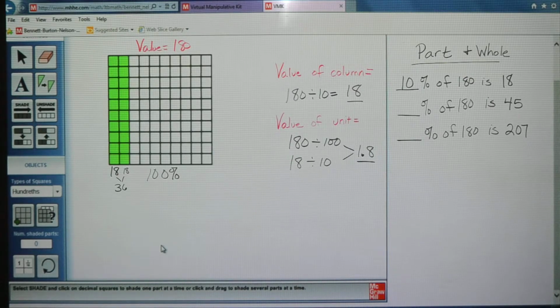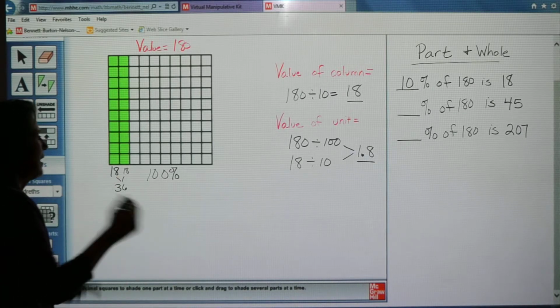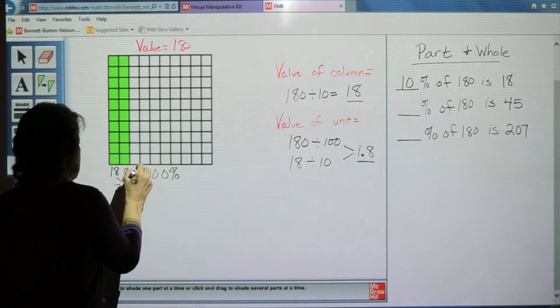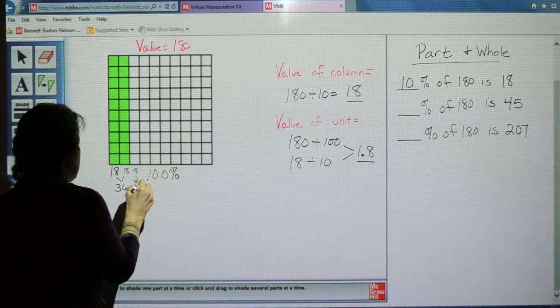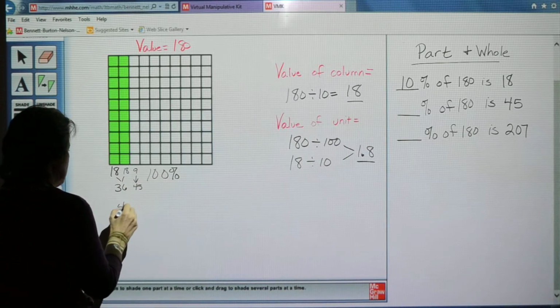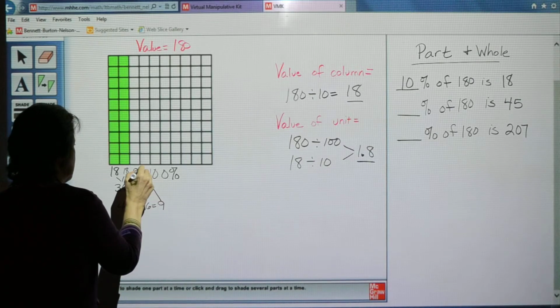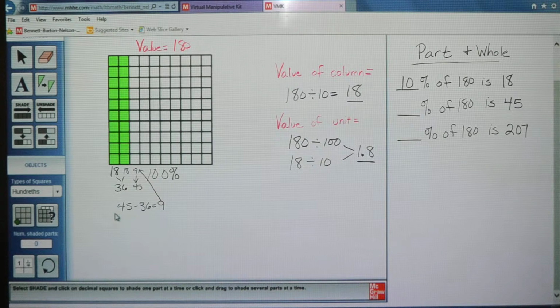So now I'm going to have to go one at a time. Right? So let's figure out, if I've got 36 colored in, I need 45. I need 9 more. I need something to be worth 9 in order to get to 45. Or if you do 45 minus 36 gives me 9. Shows me how I got that. Right? So, now that's not too hard.